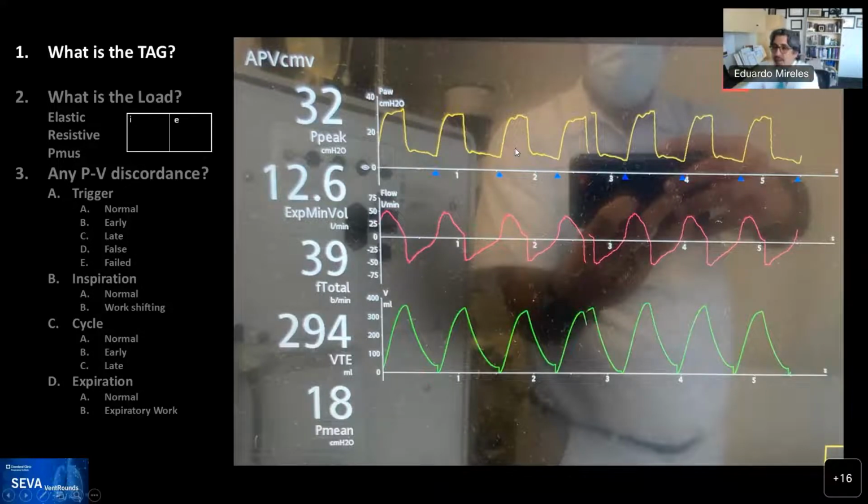All right, so we have several entries so far. This is the beauty about this, and so let's analyze it little by little. Everybody across the spectrum saw this as pressure control, and I'm going to agree with that statement.